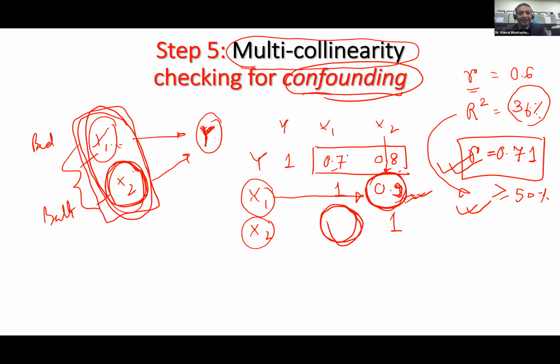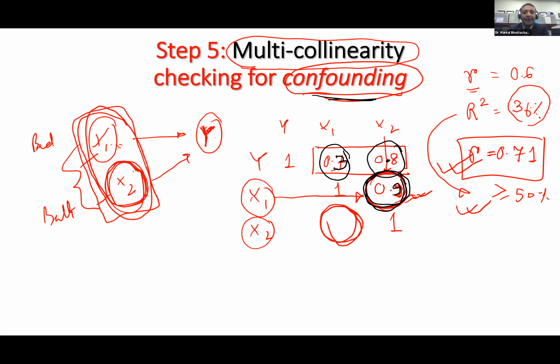Now here in this case, you have 0.7 and 0.8. They are very close together. It's very hard to differentiate between the two. If I were the analyst, I would keep both X1 and X2 in the model and let the regression take care of that cleanup process. However, if this one was 0.3 and this one was 0.8, that's a very clear identification that even though X1 and X2 internally are very highly correlated, that gives me an idea that they're confounding against each other.